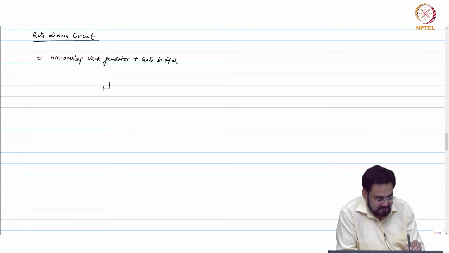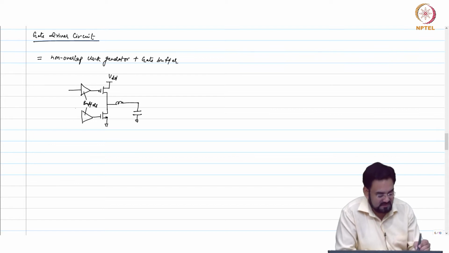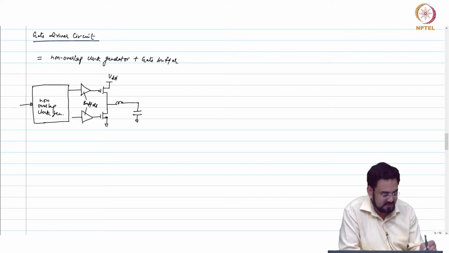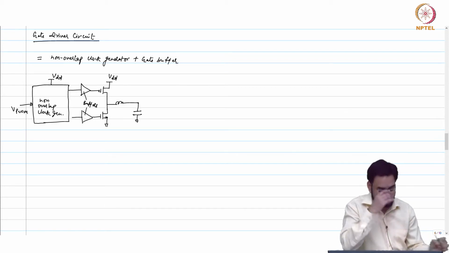So if this is your power stage VDD, what you have here are buffers, and then before this you have non-overlap clock generator, and you feed your VPWM here, and this will again be running on the same VDD and ground.